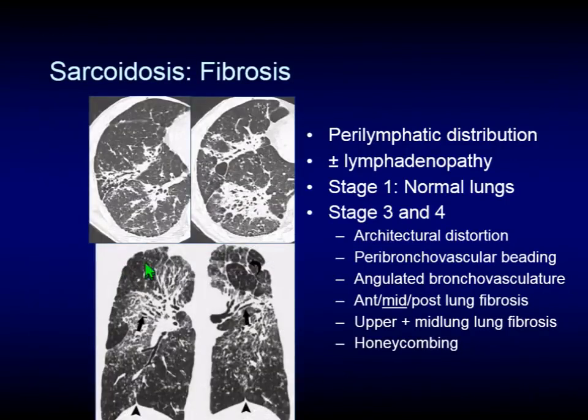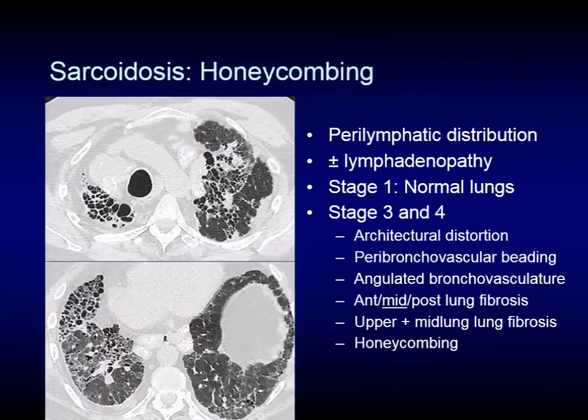And as you all know, these areas of fibrosis are going to gravitate to the mid and upper lung. Coronal and sagittal reformats, as well as chest x-ray, really help you in cases of diffuse disease to see where the predominant portion of the disease is. And in some cases, you might see honeycombing, even in cases of sarcoidosis.